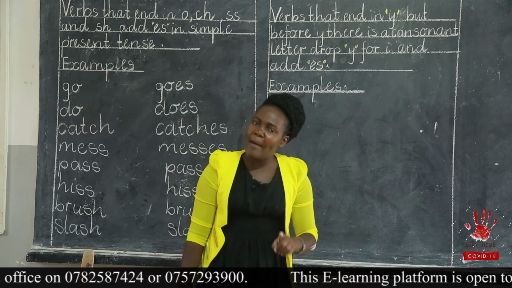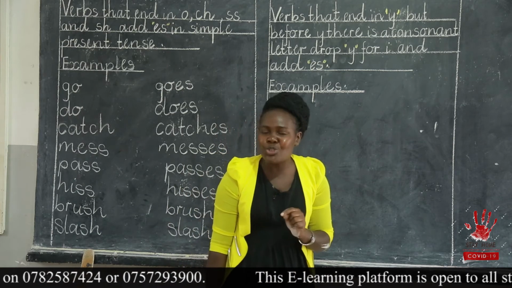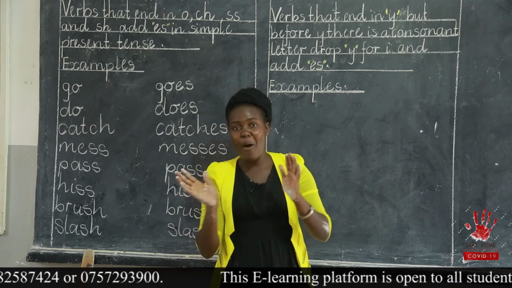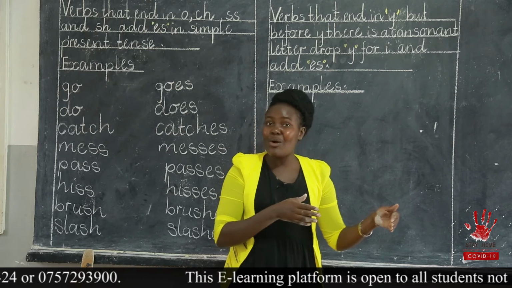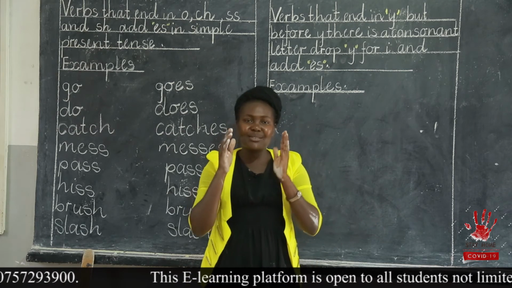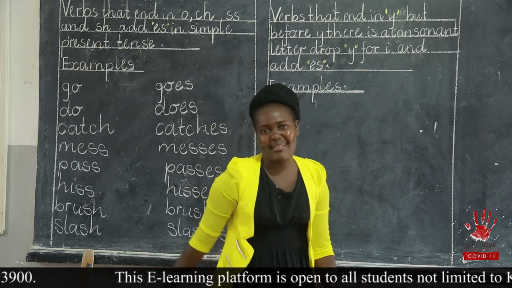If your verb ends in Y and before Y there is a consonant letter, the thing is very simple. Drop Y. After dropping Y, in the place of Y, we shall have I.